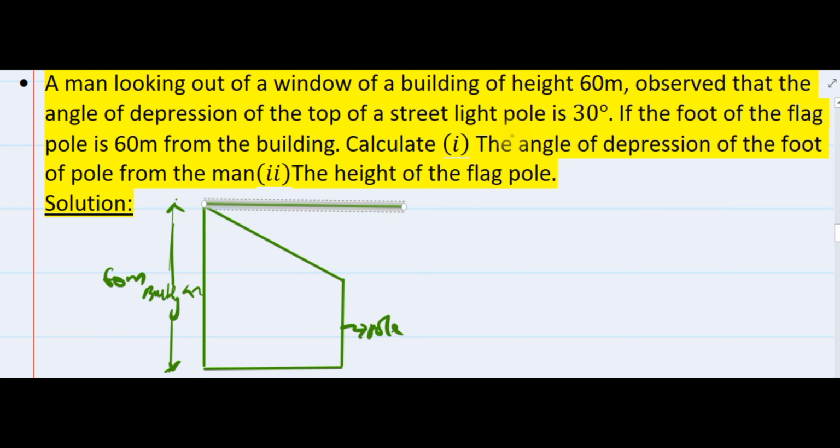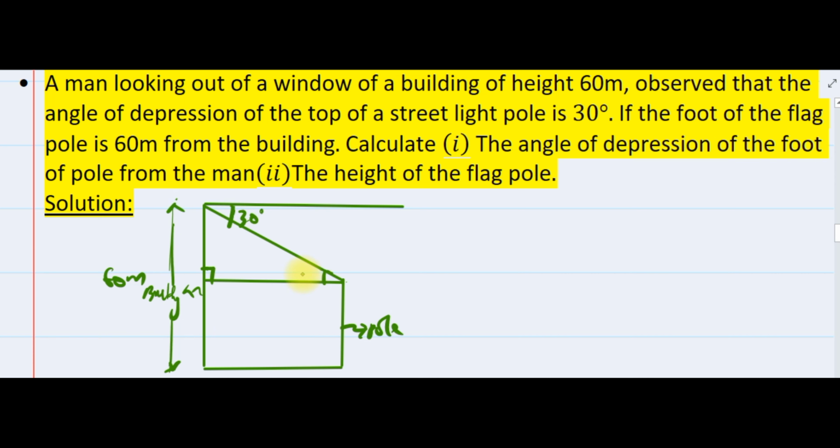So this is the top of the pole. They said the angle of depression is 30, so here is 30.